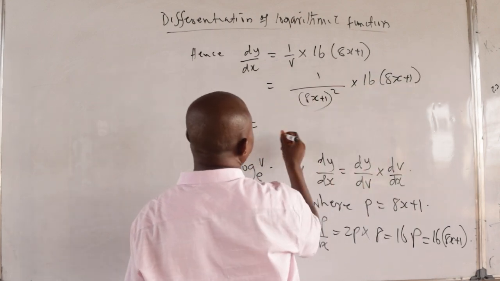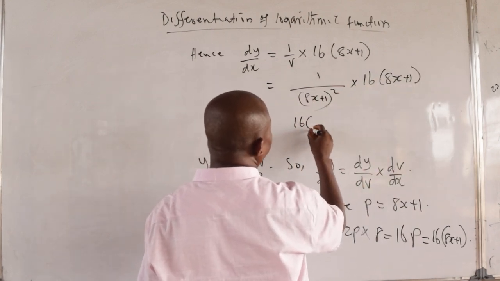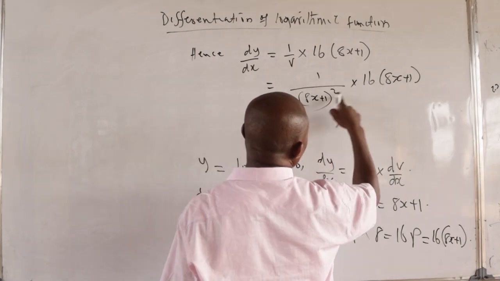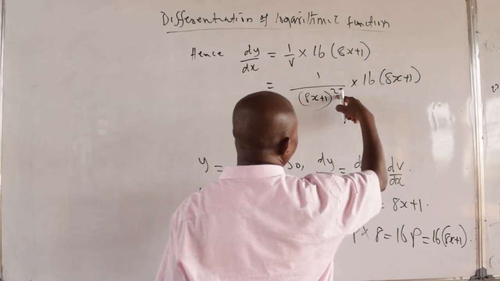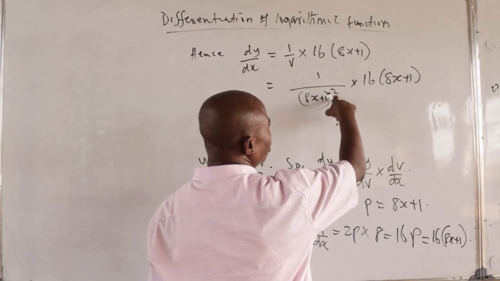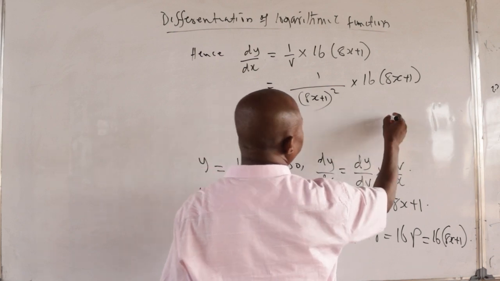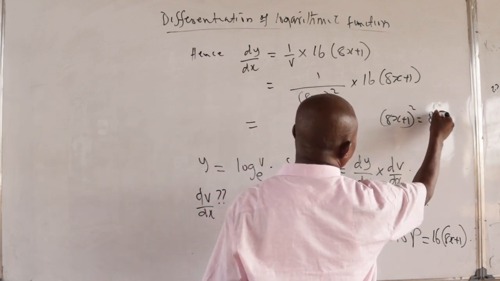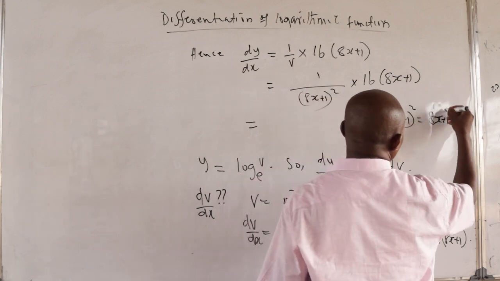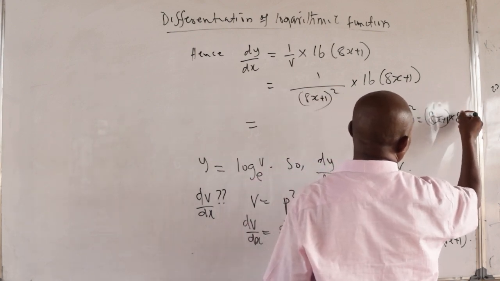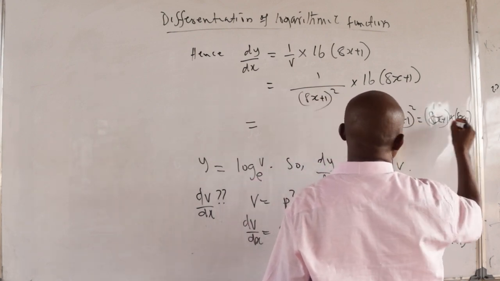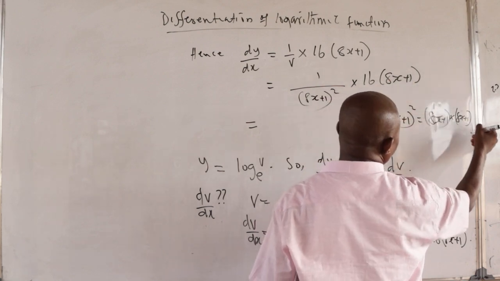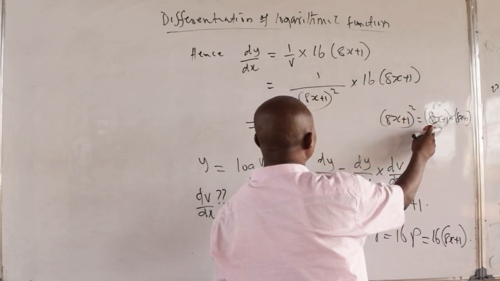So at the end of the day, this is 16. We divide by 8x plus 1, and we're left with 8x plus 1 here. Because (8x plus 1) raised to the power 2 is (8x plus 1) multiplied by (8x plus 1). So one of these will divide one of these, and we're left with 8x plus 1.